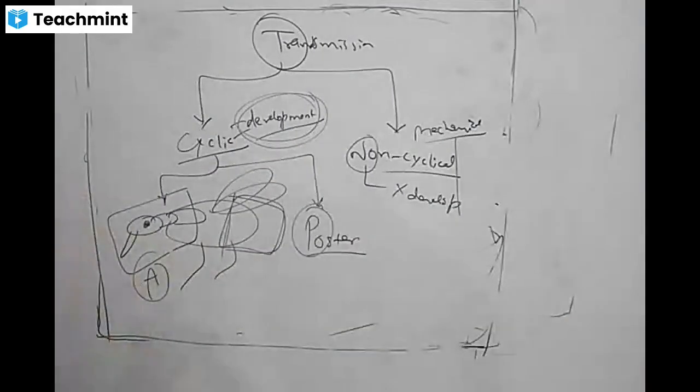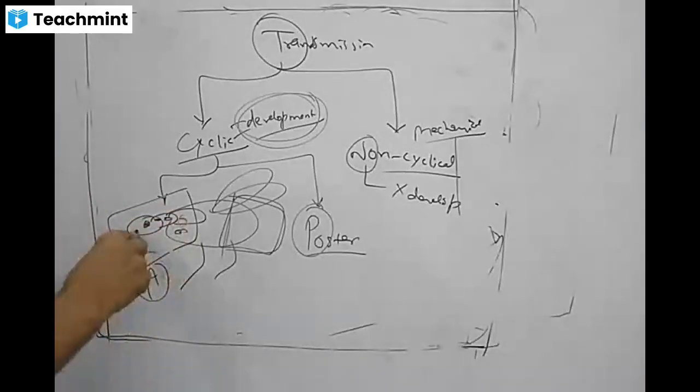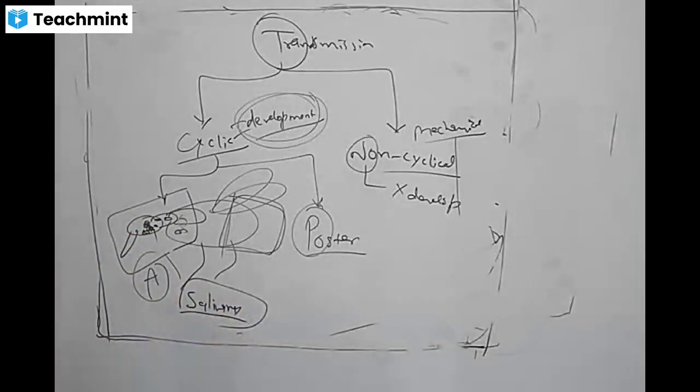So if they multiply in the foregut, the anterior part, they will accumulate, like promastigotes accumulate in the salivary gland. And when the insect bites the host, through the bite, through the saliva, they will enter the body of the host.